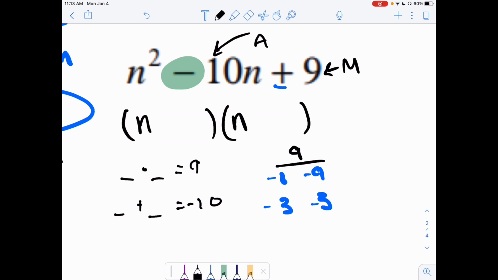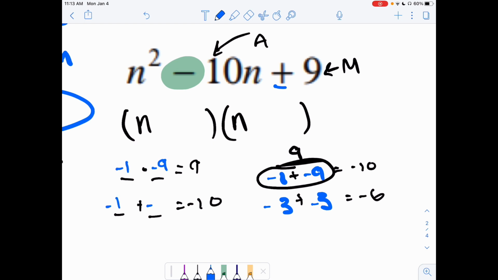Now I'm going to add them together and see which magic pair gets me negative 10. Looks like my magic pair is negative 1 and negative 9. They're the two numbers that multiply to be positive 9 and add to be negative 10. So when I factor this trinomial, my answer is n minus 1 times n minus 9.